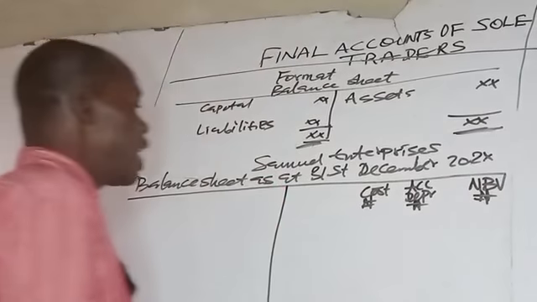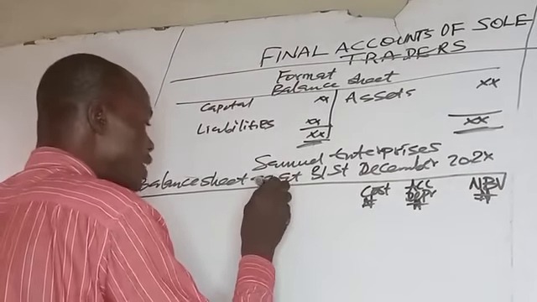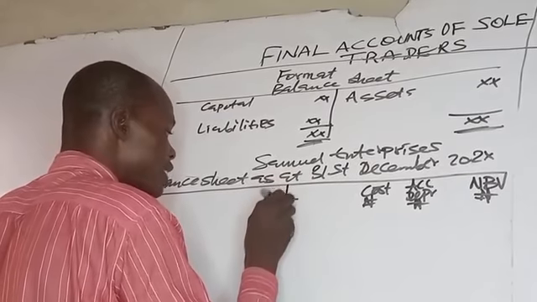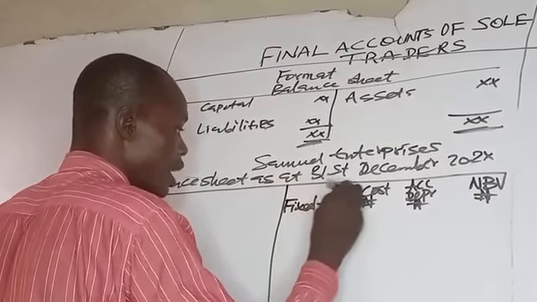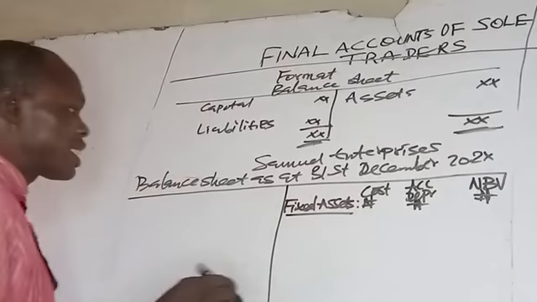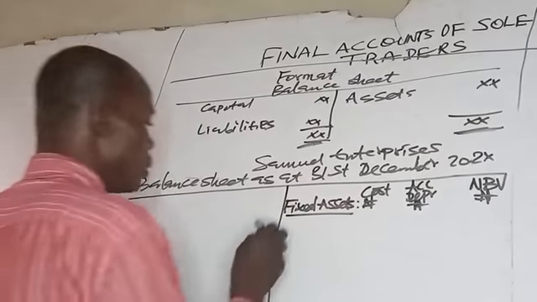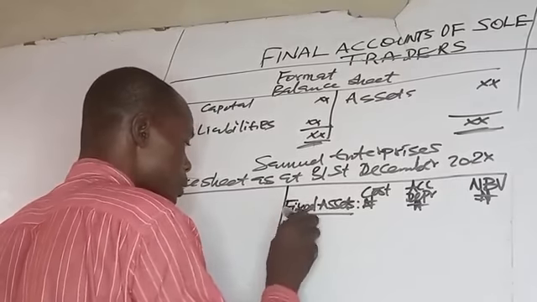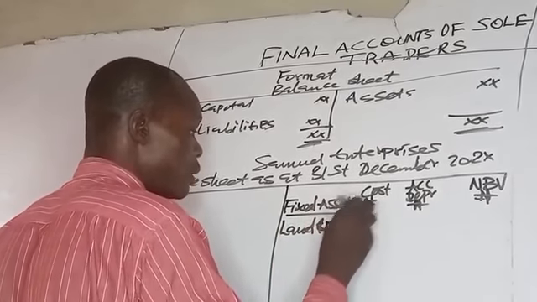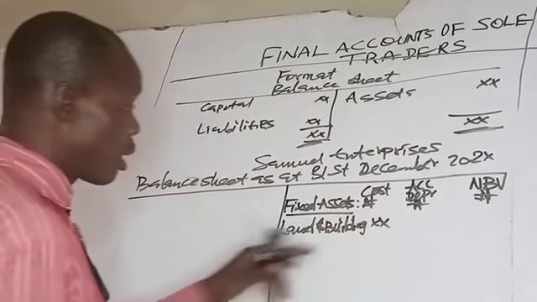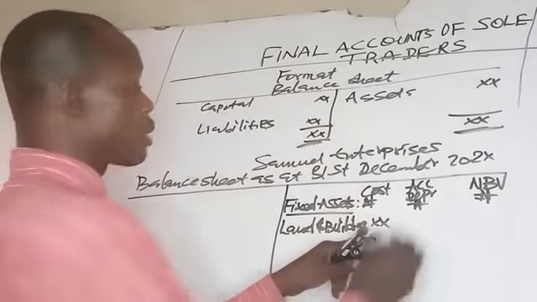At the right hand side, you have fixed assets. Examples of fixed assets I've given include land and building. If you have any land and building, you have it here: the cost of it, the accumulated depreciation.